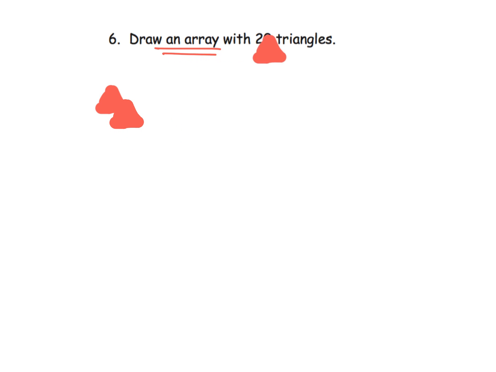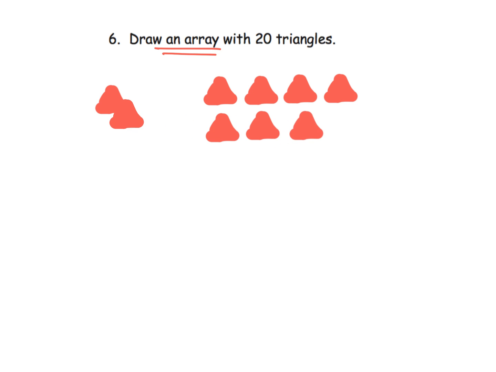Okay, so let's draw an array of 20 triangles. Parents and teachers, I think this is probably one of the most fun kinds of problems that your students can do. Because what they're going to do, they're not going to know. You notice I stopped at making rows of 4. That's because I happen to know 4 is a factor of 20.